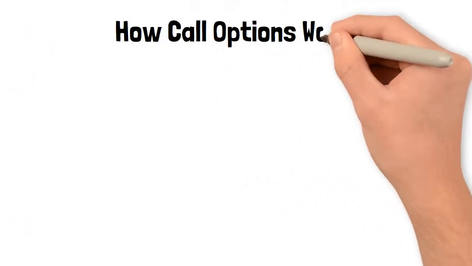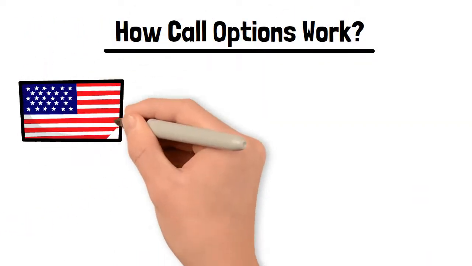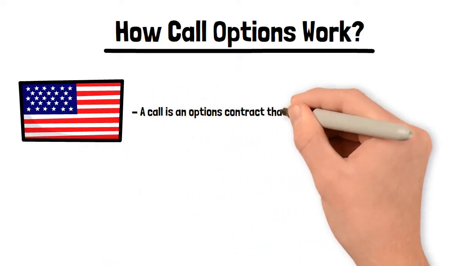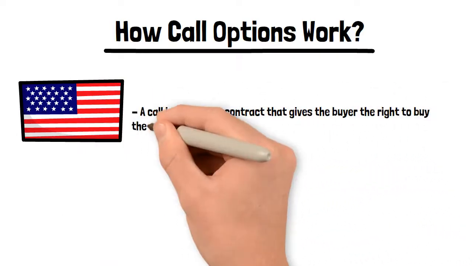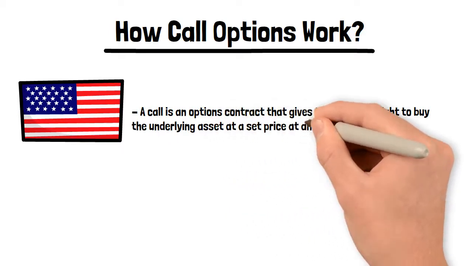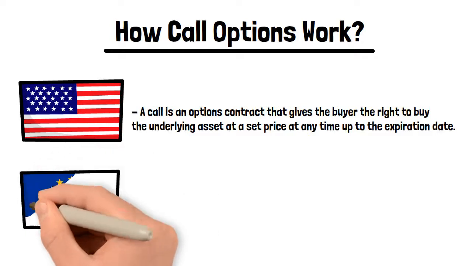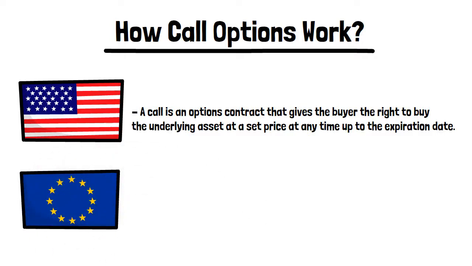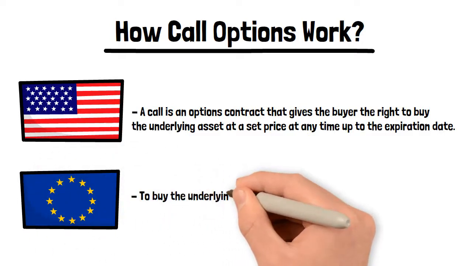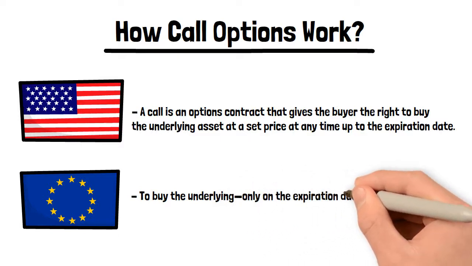How call options work. For U.S.-style options, a call is an options contract that gives the buyer the right to buy the underlying asset at a set price at any time up to the expiration date. Buyers of European-style options may exercise the option to buy the underlying only on the expiration date.